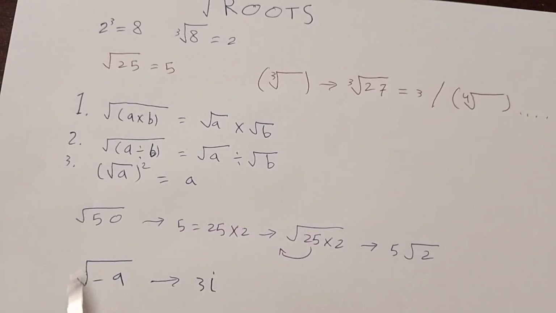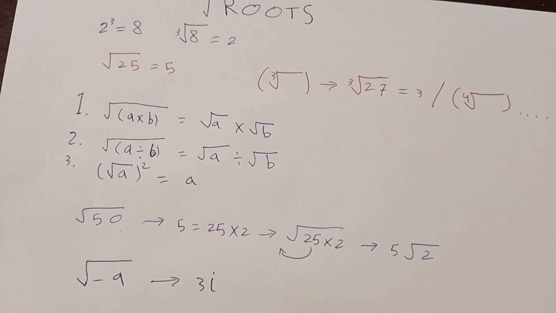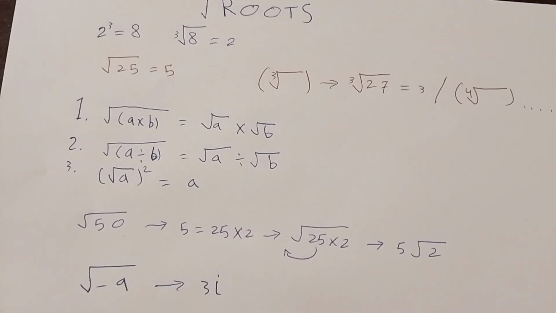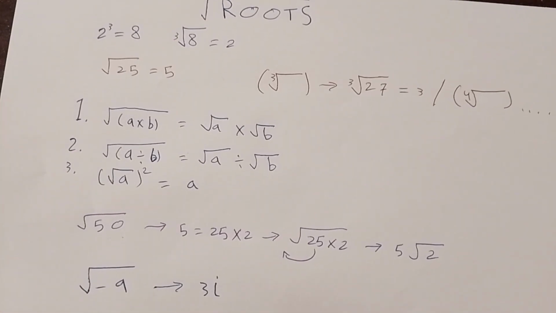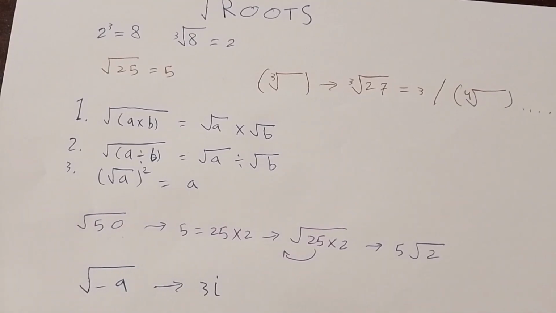And here we should analyze or separate the number inside the root. If it doesn't have a square root that is a whole number, it cannot be simplified directly. For example, with the square root of 50, we don't have a nice real number that is the square root of 50.